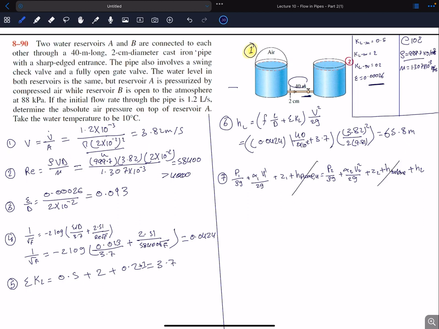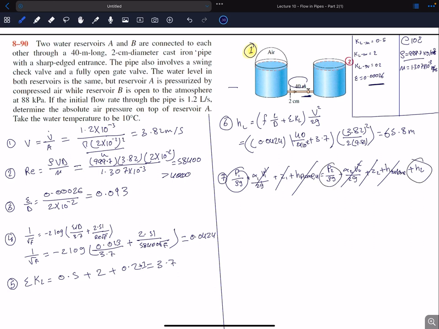The elevations Z1 and Z2 are the same, since both water levels are the same, so we neglect the velocities here. We have P1 and P2, and the head loss, which is what is left.